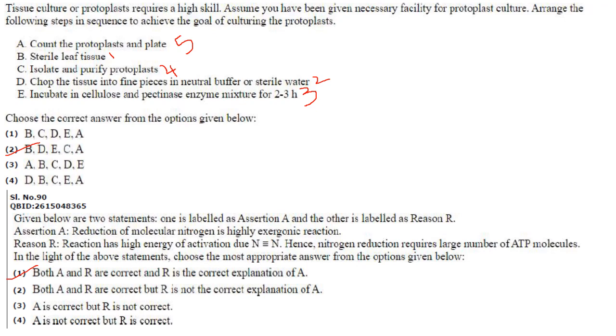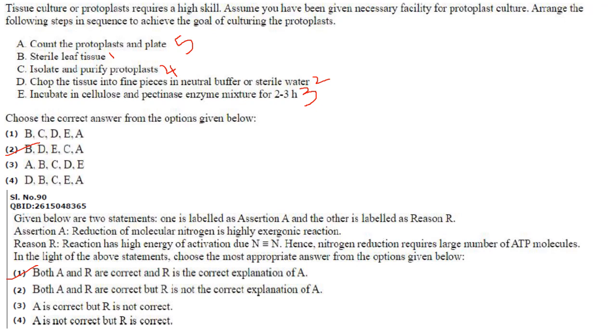Tissue culture of protoplast requires a high skill. Assume you have been given the necessary facility for protoplast culture. Arrange the following steps in the sequence to achieve the goal of culturing the protoplast. Choose the correct answer from the options given below. So you have to arrange these steps in sequence.